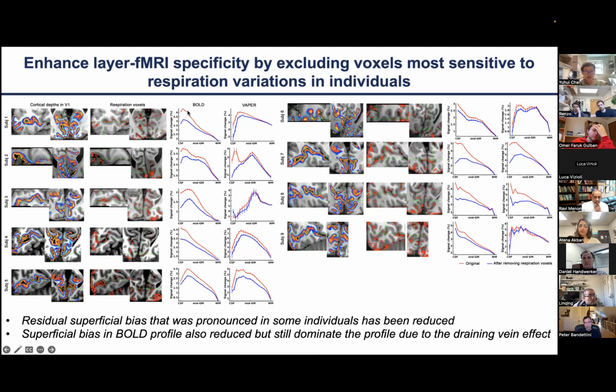Also for BOLD, by excluding those voxels most sensitive to respiration, we think we exclude a lot of large vessel voxels, but because there is still a genuine effect, you still have quite a strong superficial bias even after you remove those large vessel voxels. But anyway, in both BOLD and VASO, after we remove the respiration-related voxels, the superficial bias could be reduced, so your laminar specificity could be improved.